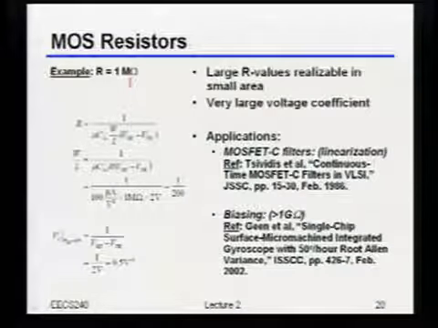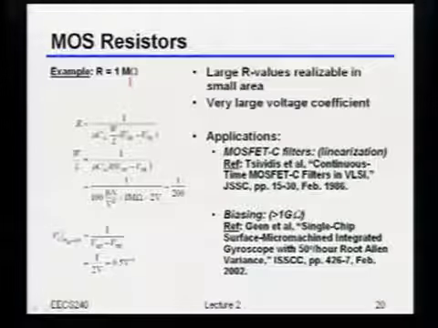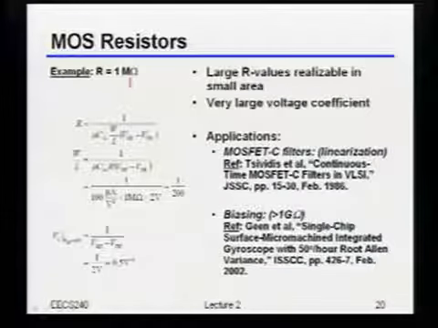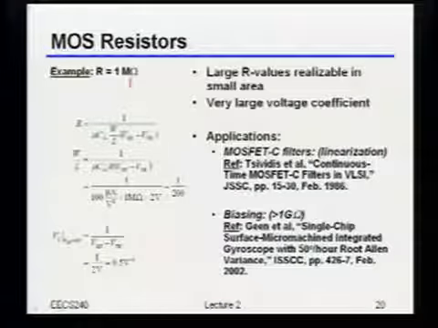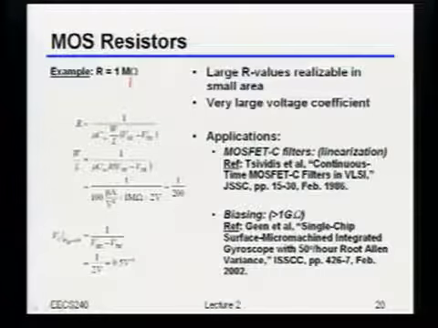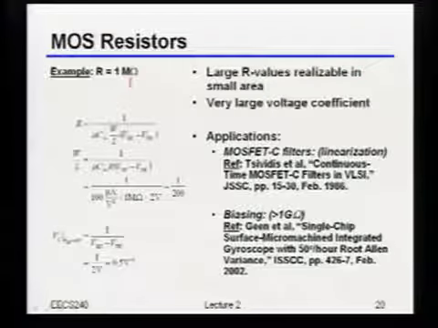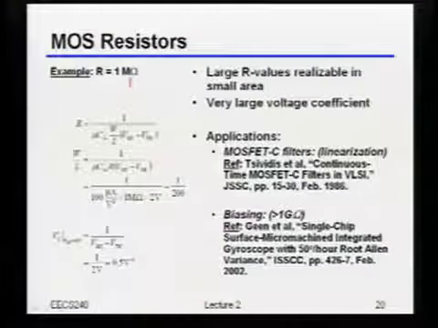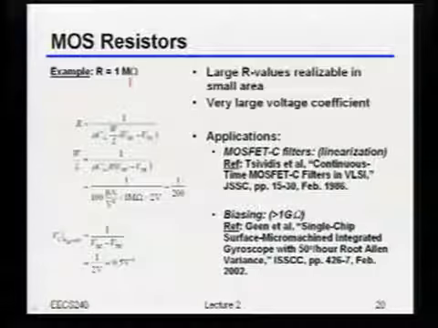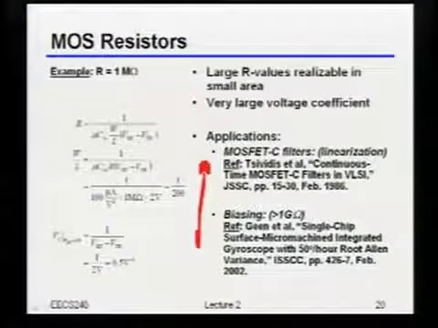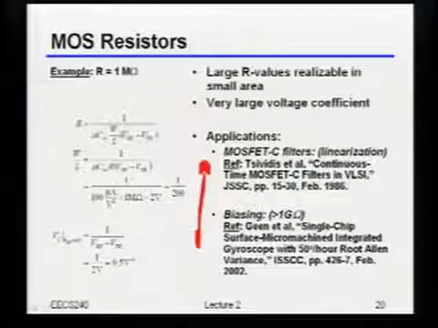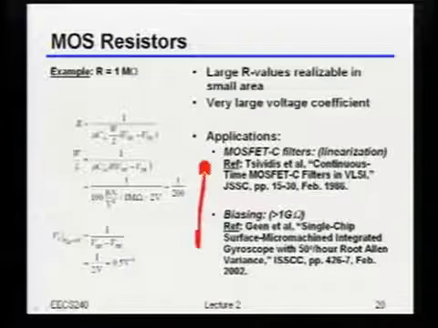I don't care if it's filtered even more, I just want to make sure it's slow enough. Again, you can use these MOSFET types of resistors for those applications. So anywhere you need something really big, but it's not that critical exactly what the value is going to turn out to be. There are a couple of examples here of things that people have done that made use of these MOS resistors.